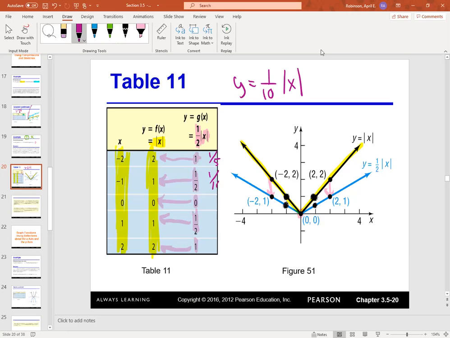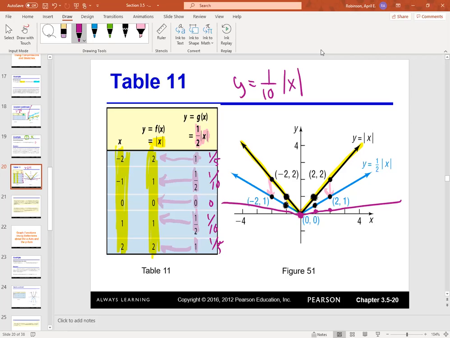This would be 1/10. This would be 0. This would be 1/10. This would be 1/5. So now I'd still have 0, 0. At x is 1, I'd have 1/10, which would be right there. At 2, I'd have 1/5, which would be kind of like there. So it's going to be more like that.